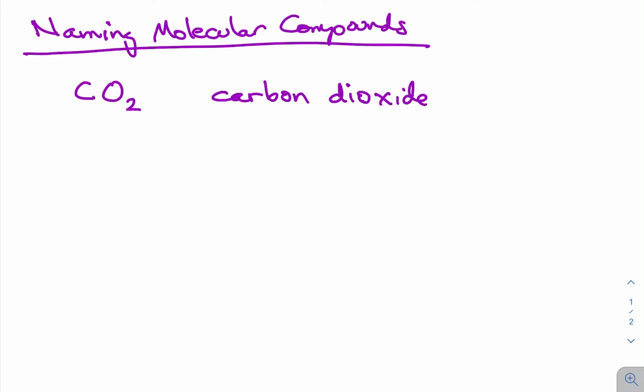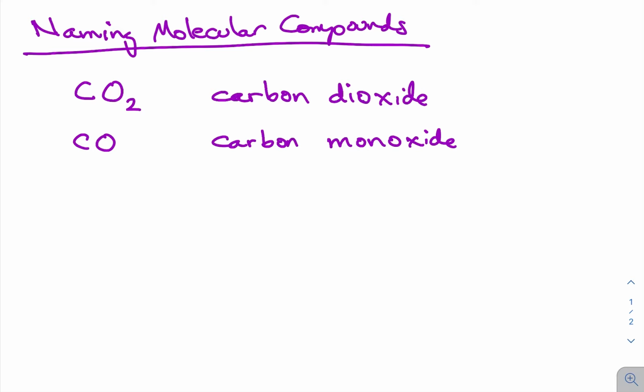And another example would be CO, carbon monoxide, stuff that kills people when they haven't checked their fireplaces or try to run a generator too close to their house. But these are two good ones to start with to think about how we name these.